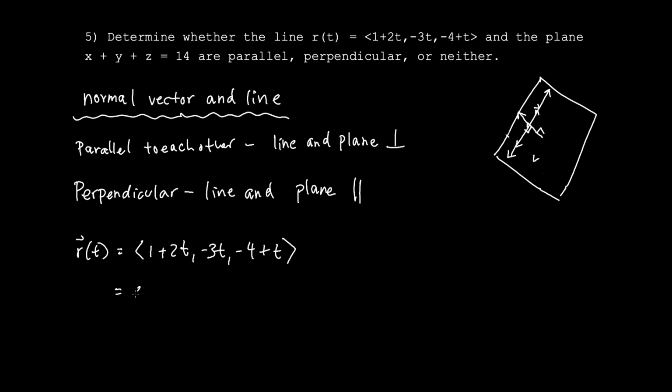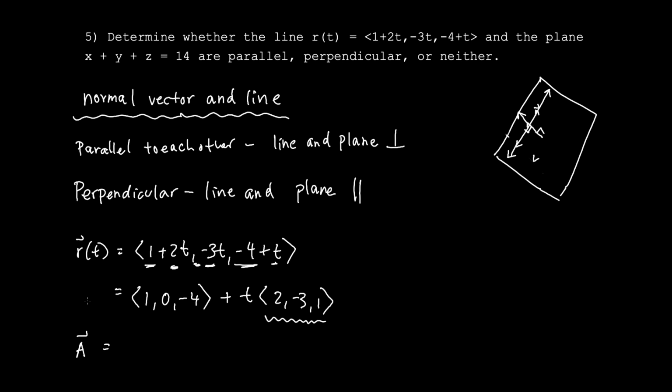Breaking this down, we get a point, which is 1, 0, negative 4, plus t times the direction vector 2, negative 3, 1. The point comes from the constants before every term, so 1, 0, negative 4. And the direction vector comes from the coefficients multiplied to each variable, so 2, negative 3, and 1. And we are interested in this direction vector.